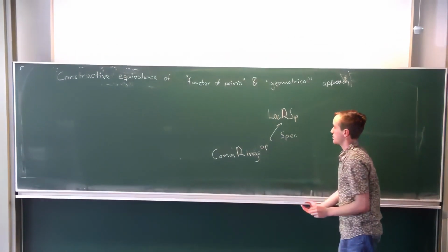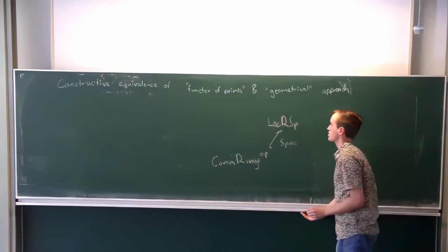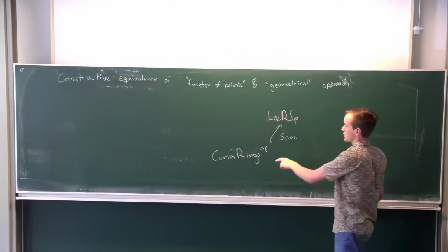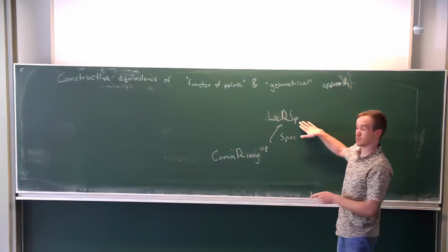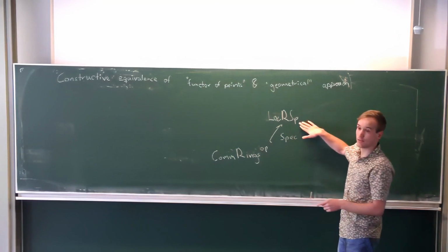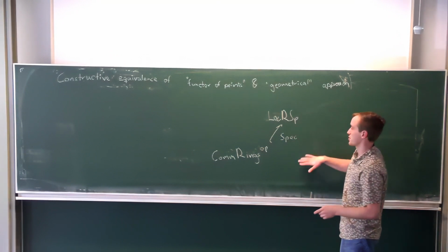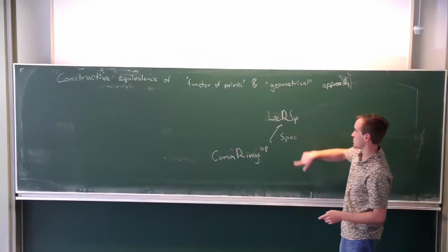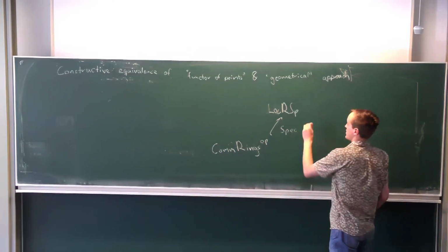A locally ringed space is a topological space with a sheaf of rings such that the stalks are local, right?